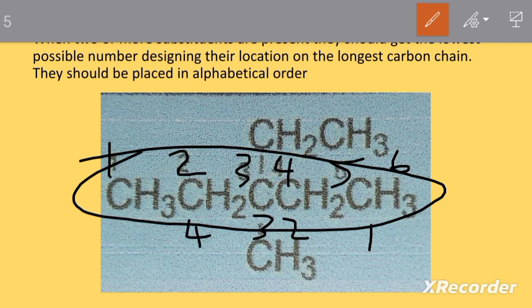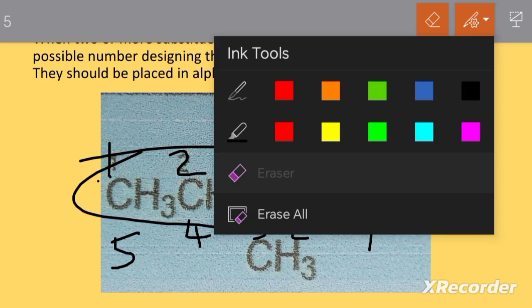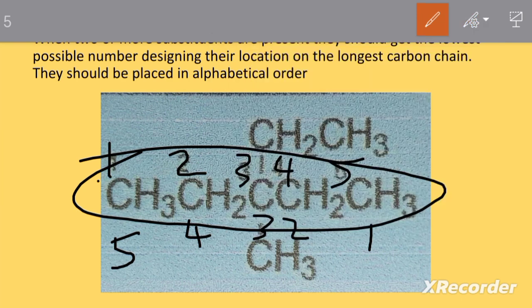Here there is no 6. And here like this. Right? So this carbon atom has these 2 alkyl groups, and it gets the same number from both directions: 1, 2, 3, 1, 2, 3. It gets the same number.